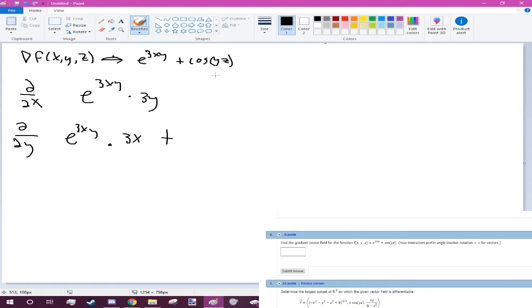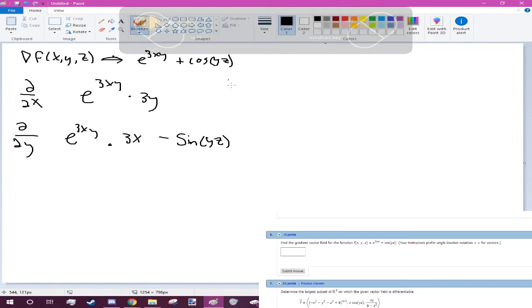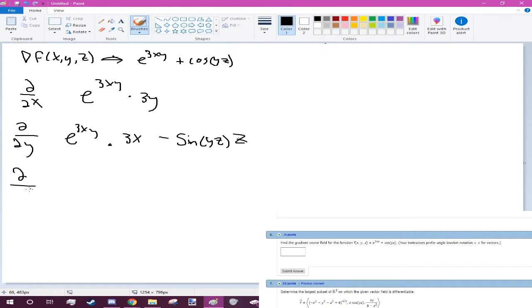So we're taking the y partial, which is just e to the 3xy times 3x, because if it's not a y, it's just a number. However, we have a y this time. This is going to be negative sine of yz times z, because with yz, the y goes to 1 and the z stays, because it's just a number. That's all it is. Okay, now we're doing d dz.